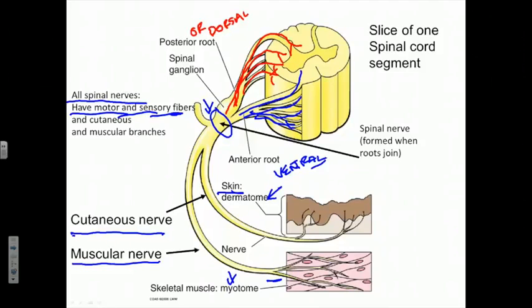But without getting into the details, cutaneous nerves must be mixed, and they are, and muscular nerves must be mixed because we said that every spinal nerve and all of its branches has to contain both motor and sensory fibers, and they do. So it turns out, as I said, that muscles actually have a sensory innervation.